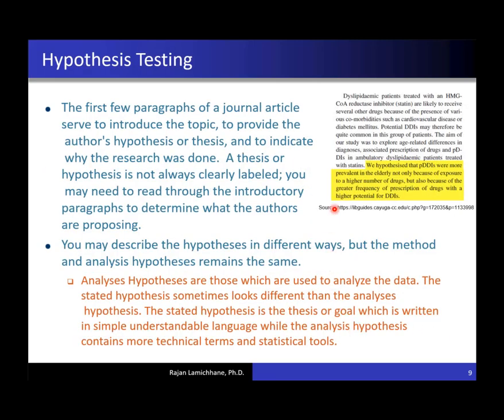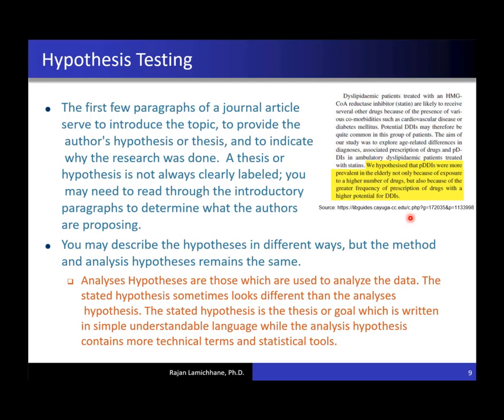Here is the article. I took it from this source here, and you see this highlighted area. This indicates the hypothesis. As I already mentioned, the hypothesis is not written very precisely in a technical way, defining both null and alternate hypotheses. But we'll go over how to define the hypothesis in null and alternate scenarios in the next few slides.